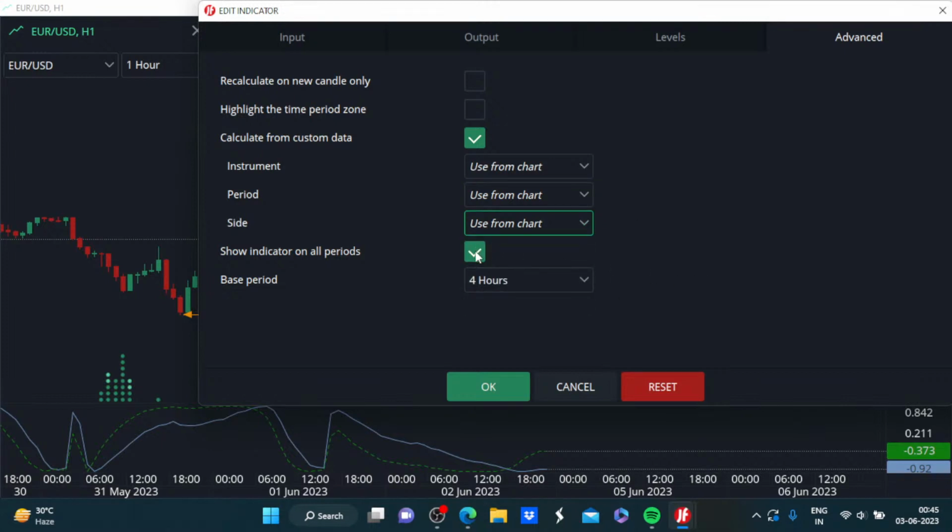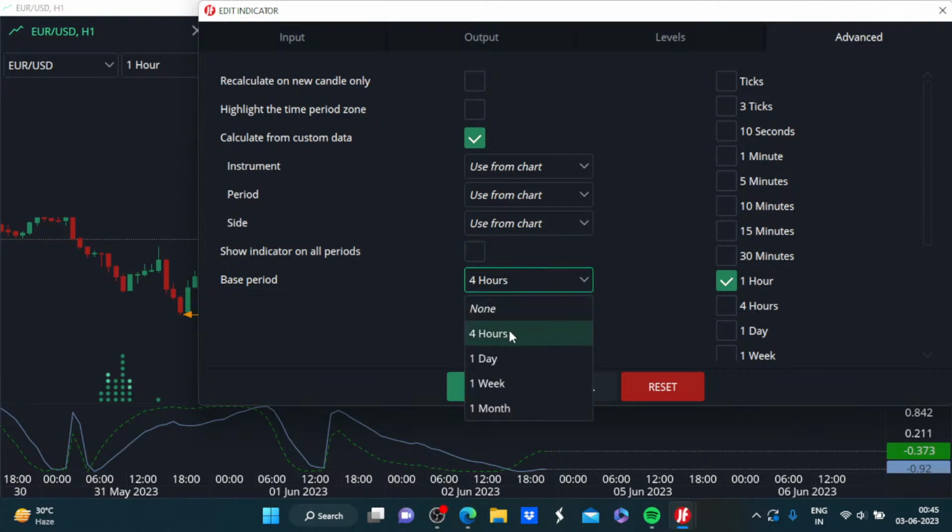You can have this indicator available on all the candle periods whenever you change the chart candle period, or else you can even specify on which particular time frame you want this indicator to be available, and only on that time frame this indicator will be available. Base period can also be varied, but it is not going to make much difference to the indicator's output value.